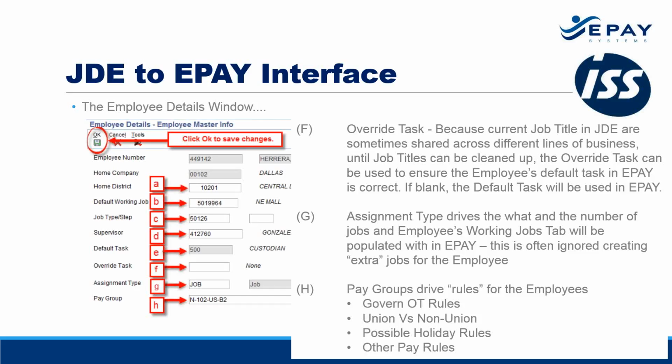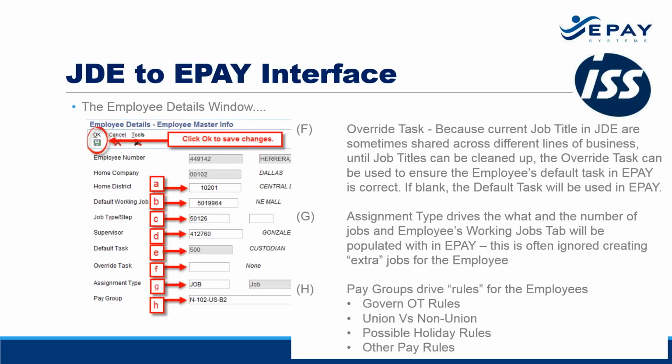So at this point, you have the opportunity in JDE to override the task that is set up as a default task for the employee. Now, once again, only those that have access to JDE will be able to see this particular screen and make these changes. So I would find out who is the chosen one, I guess you can say, that has access to the payroll information for your site.